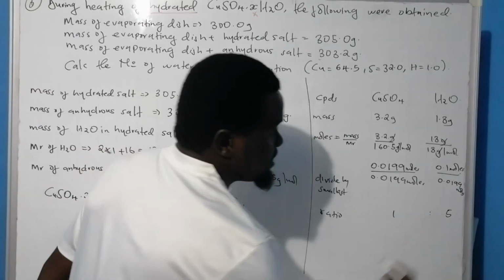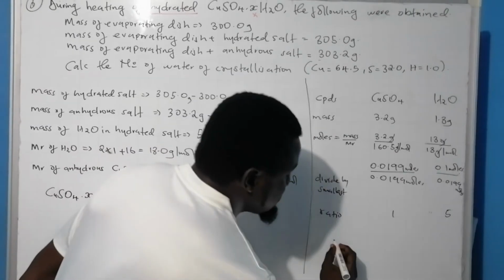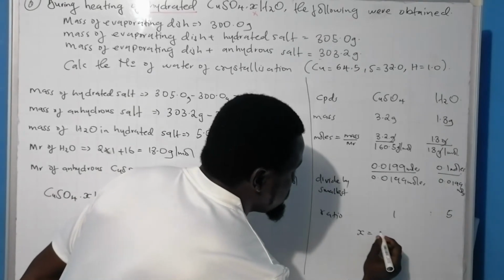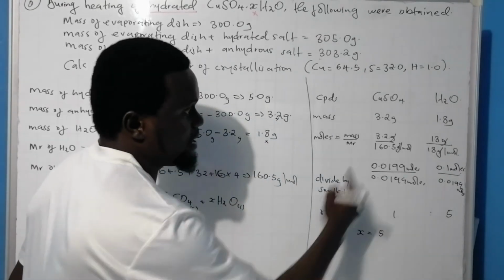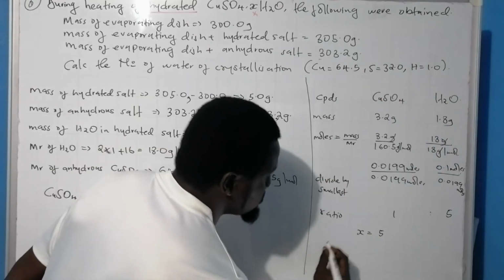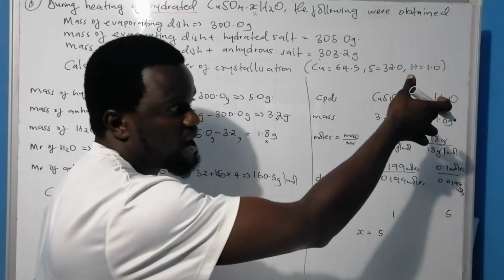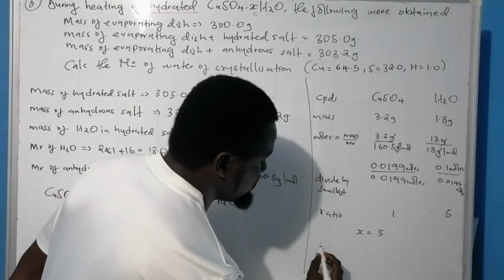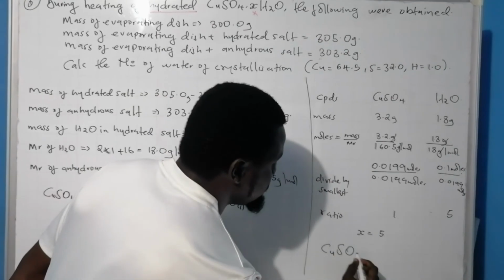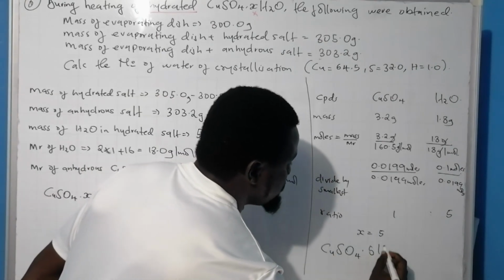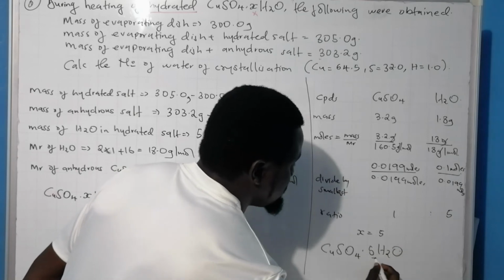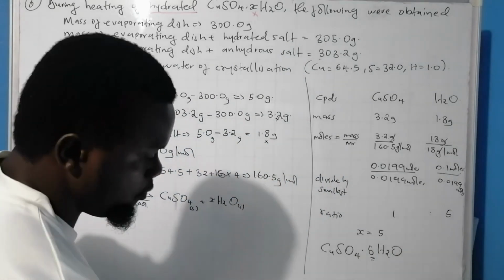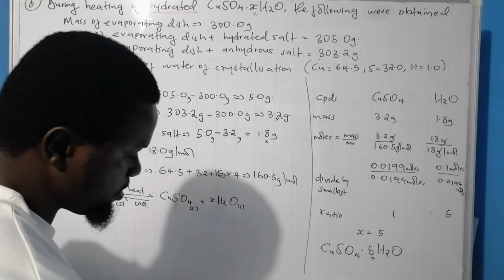So after getting this value, it means that the value of x will be equivalent to 5. And therefore the general formula of hydrated copper 2 sulfate will be copper 2 sulfate dot 5 molecules of water. So the water of crystallization will be equivalent to 5.